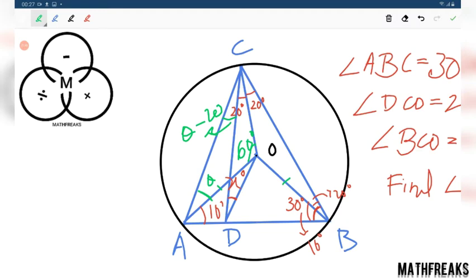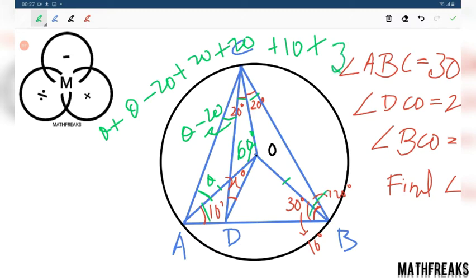Now if we add theta plus theta minus 20 plus 20 for this angle, and this angle plus 20 plus 10 plus 10 plus 30, we will get 180 degrees.